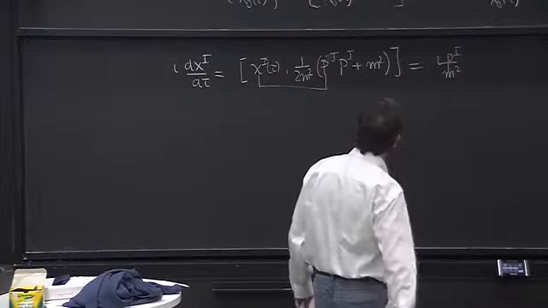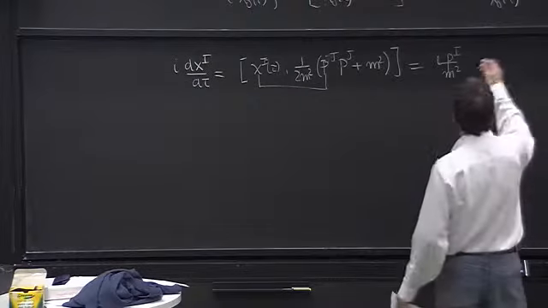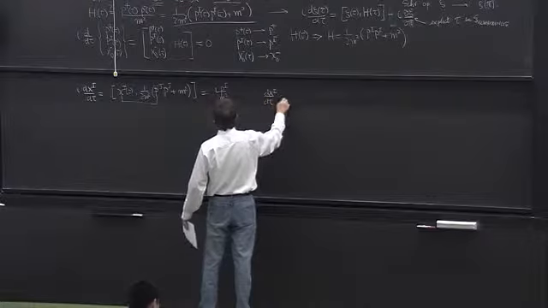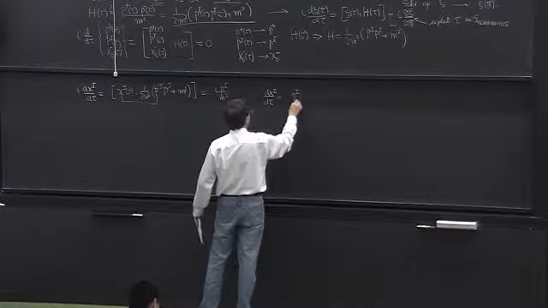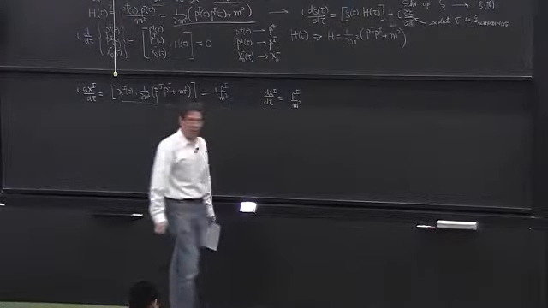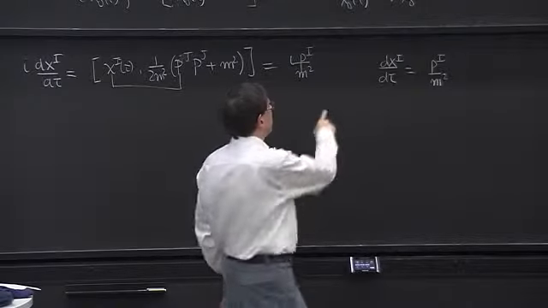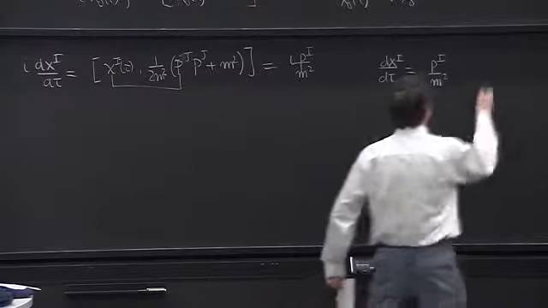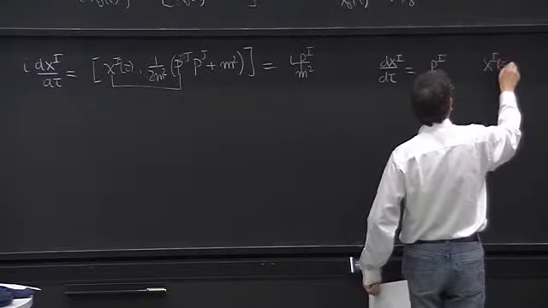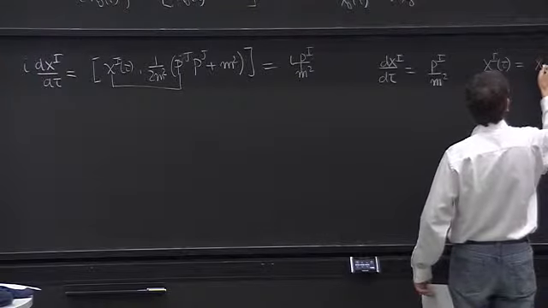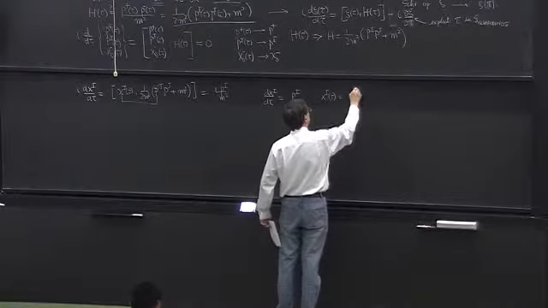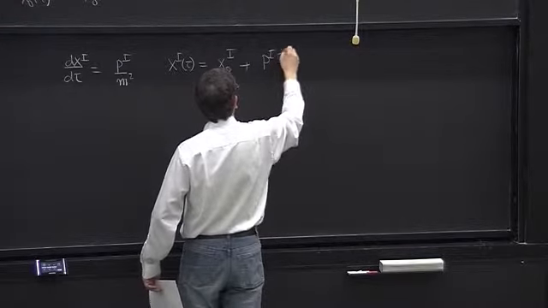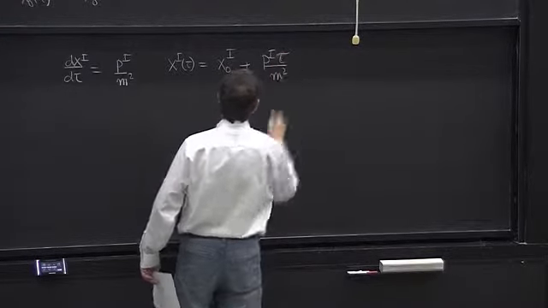And you should say, oh, that's exactly right, because that gives you dxi d tau equal to pi over m squared. And that was a thing we had in the classical theory, that pi is the momentum associated with xi, and therefore xi of tau can be written as a constant x0 i plus pi tau over m squared.